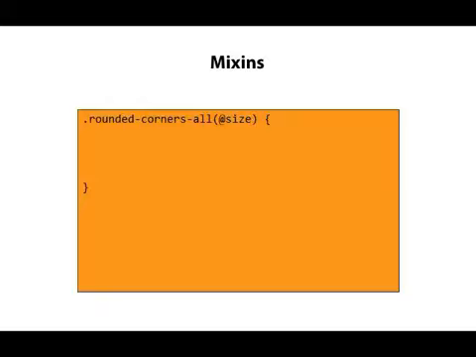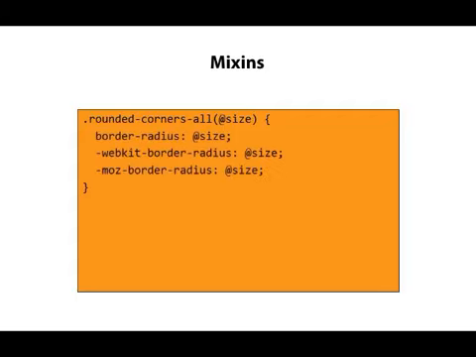Mixins start with a name that starts with a period and then has an optional parameter that includes information you're going to use in the mixin. For instance, here is a fairly common mix-in to do rounded corners across different browsers. Border radius for HTML5 compliant browsers, and then the WebKit and Moz specific versions for Firefox and WebKit based browsers specifically.